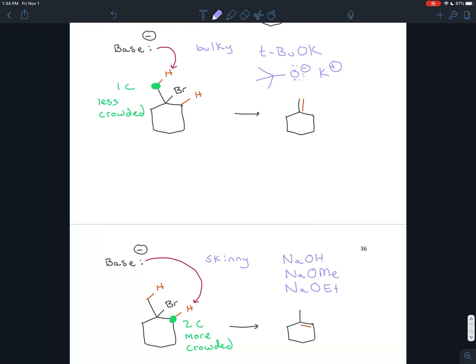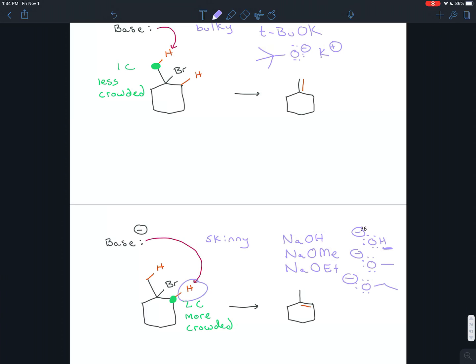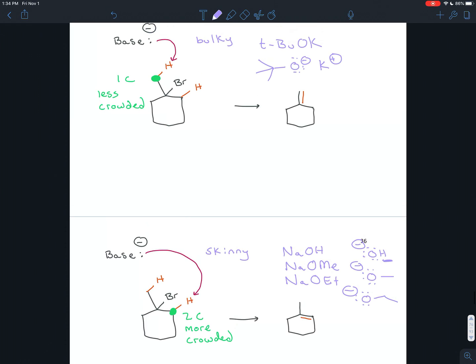So the effective base here is either OH minus, or replace the H with a small carbon chain. For example, an O with a methyl group in the case of sodium methoxide, or an O with an ethyl group in the case of sodium ethoxide. Those are skinny bases. They can reach this hydrogen here and give you the product that you get here.